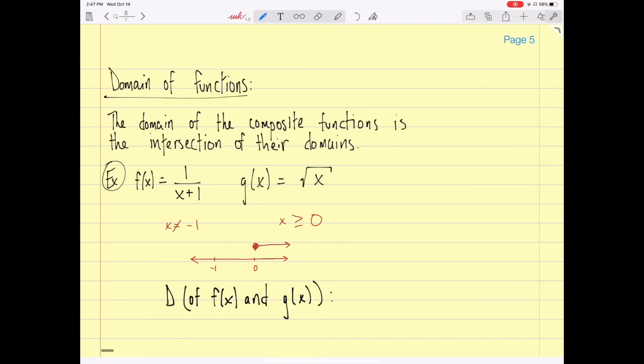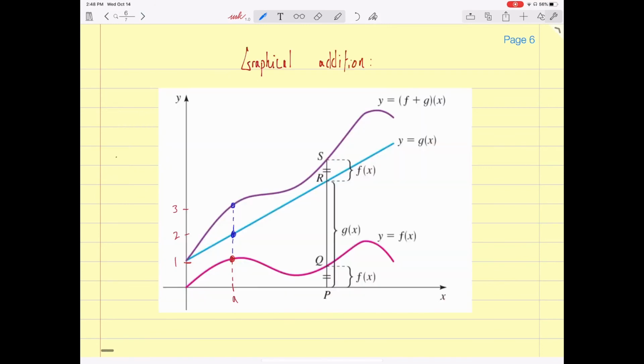Well, if x is greater than or equal to 0, then it has to be greater than -1. So -1 would be naturally excluded. So the domain for f plus g of x would be x is greater than or equal to 0.